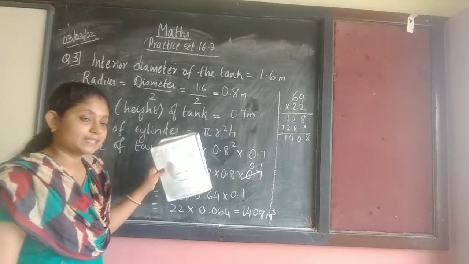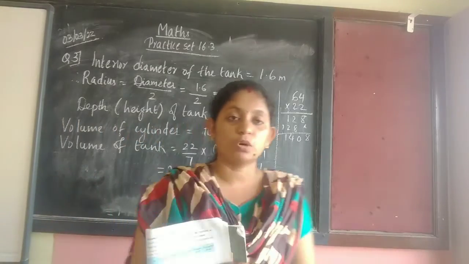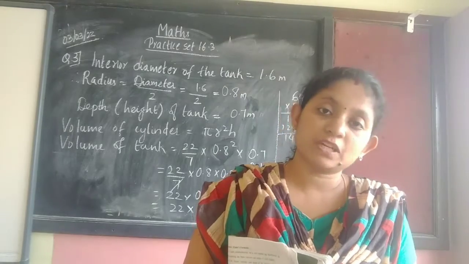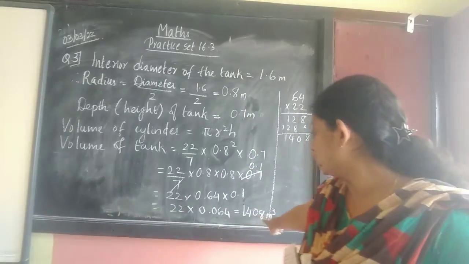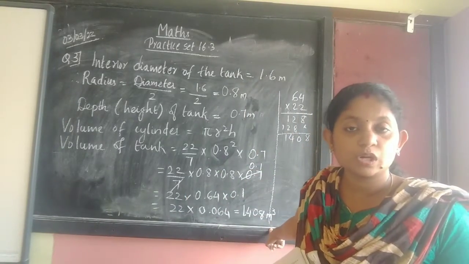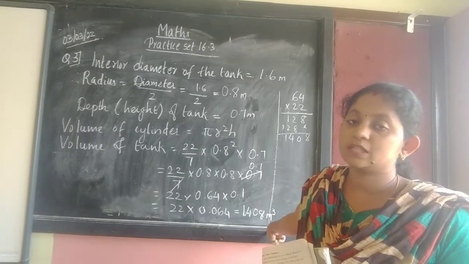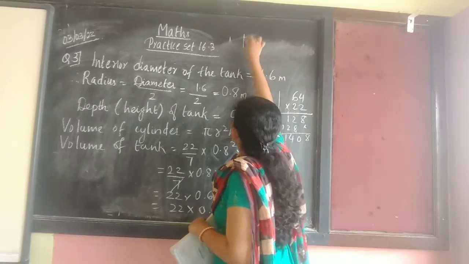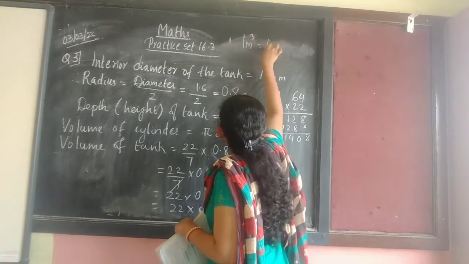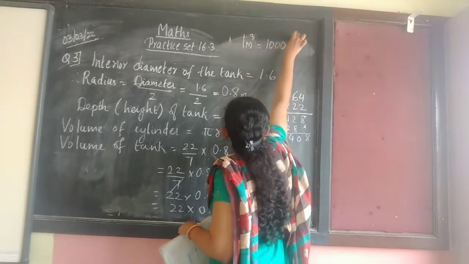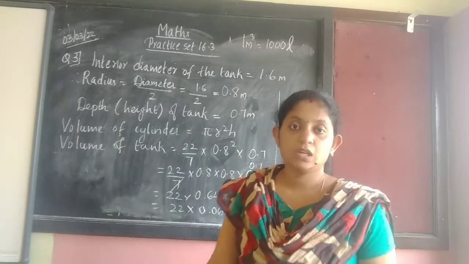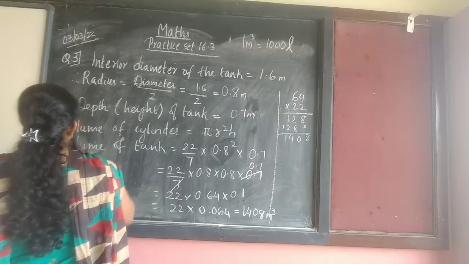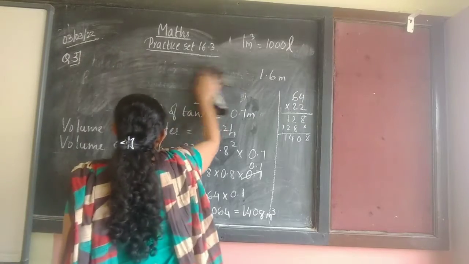Now, capacity of the tank. Now we have to check how much water. Can water be measured in meter cube? No, never. It is always measured in liters. So we have to convert this into liters. How are you going to convert it? For the previous question, for the rainwater harvesting question, I told you all 1 meter cube is equal to 1000 liter. Correct? So you are going to find out liters of water the tank can hold.